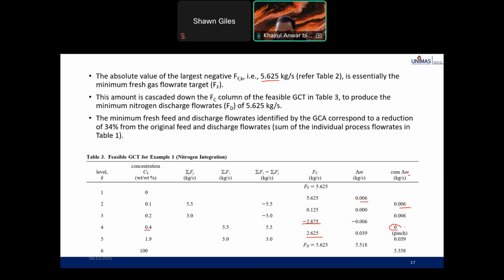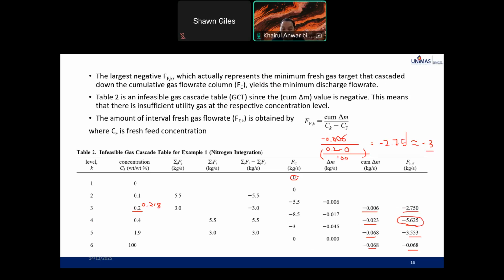Then we do the rest and we find negative 5.65, the same at concentration level 4.